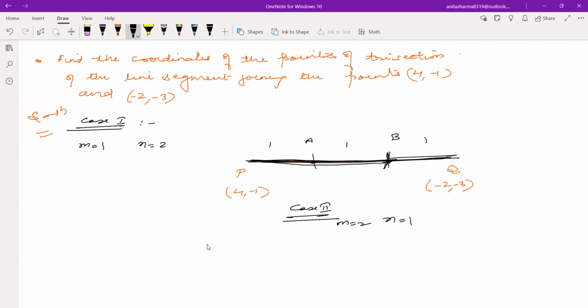In the first case, the values are 2 and minus 5 by 3. Okay. And then second one?